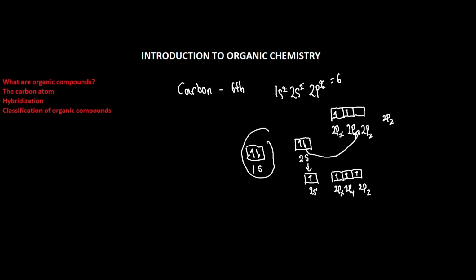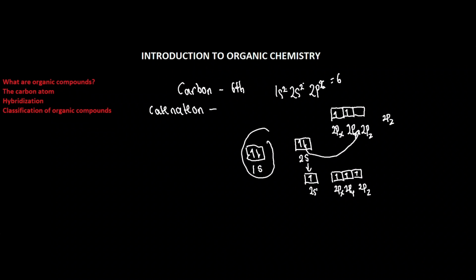But the carbon atom is very peculiar in the sense that it exhibits certain qualities or characteristics that enable it to form such a wide array of compounds. One of these abilities of carbon is its ability to catenate, or catenation.